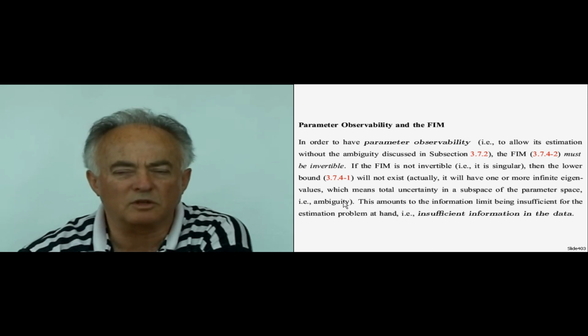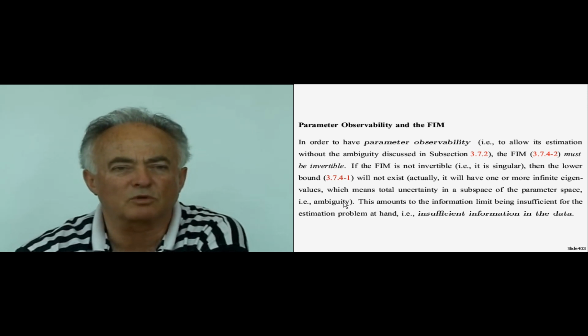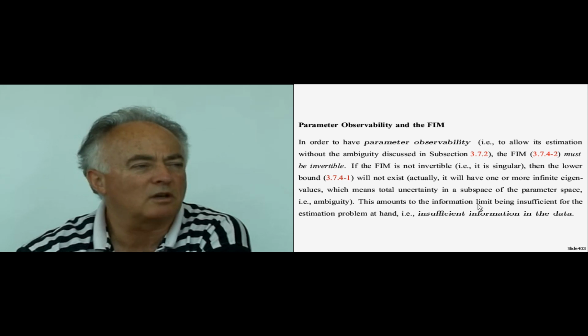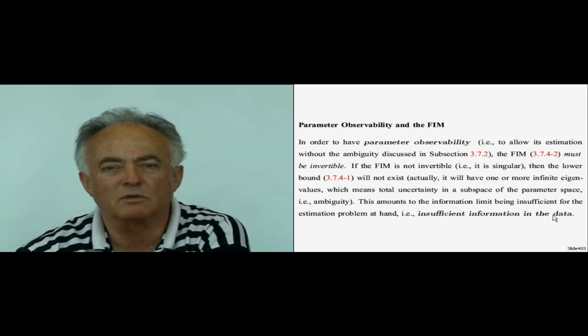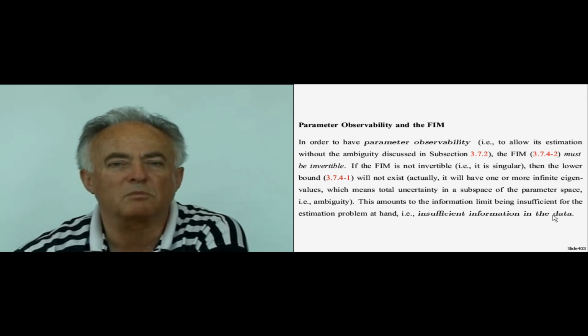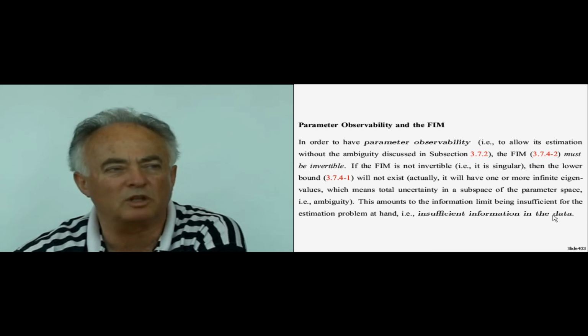Each infinite eigenvalue has an eigenvector corresponding to it, and this shows the combination of parameters that we cannot estimate for the geometry of the problem as considered. Then the information limit says it's not enough. We have insufficient information in the data. So we've got to make sure that the data we use do provide enough information to estimate the parameter without ambiguity.